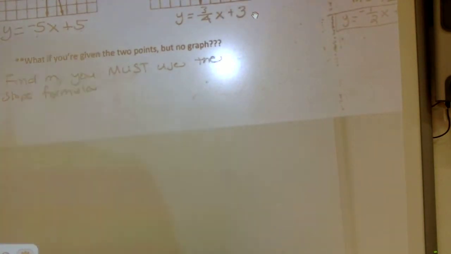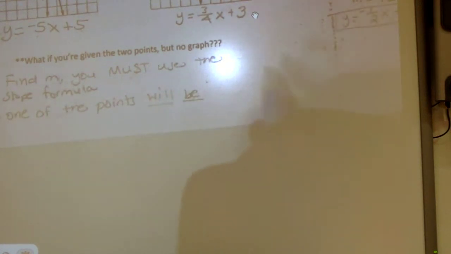The second thing that you're going to have to do, and this is only a condition that will be for probably this unit. We're going to change it up a little bit in a couple of weeks. But usually, if you are given no graph, one of the points will be, and I'm going to underline will and be, your y-intercept.